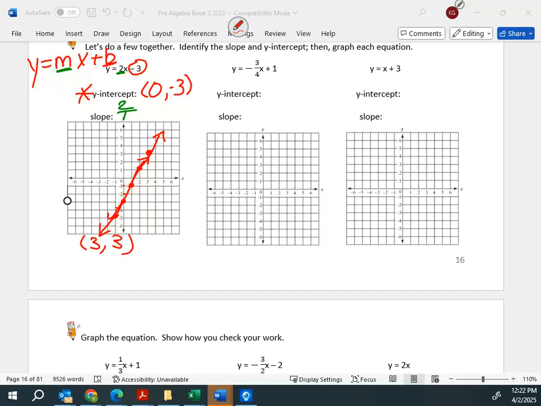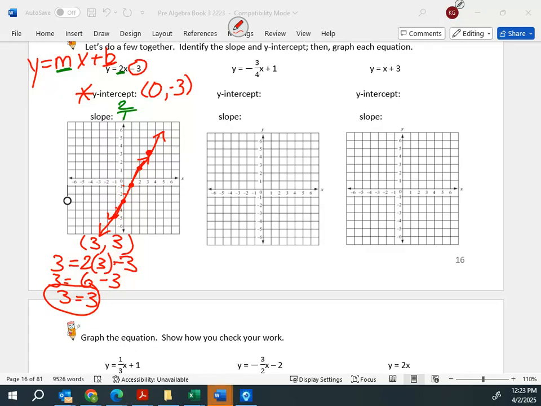If I put that in here, my y is a 3, my slope was 2, my x is a 3, and my y-intercept is a -3. So, does 3 equal 2 times 3 minus 3? Well, 2 times 3 is 6, minus 3.